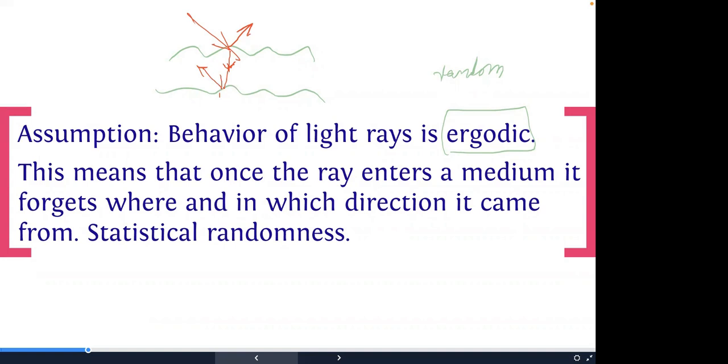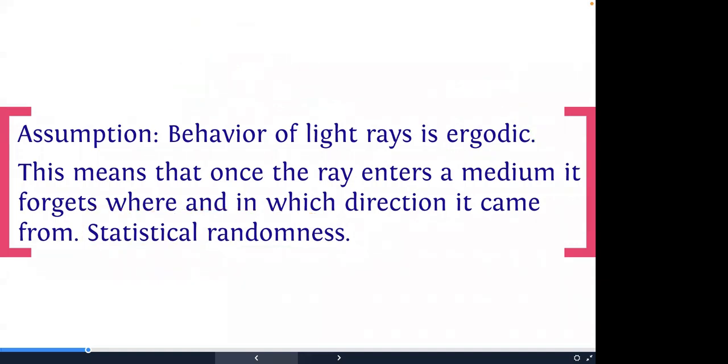And of course, this is a statistical point. In other words, you don't look at a single ray. Everything is deterministic. There's nothing completely random here. But if you average over a certain area, all the rays will get completely randomized. That's the basic concept. And it's easy to understand from the concept of removing memory of the direction.